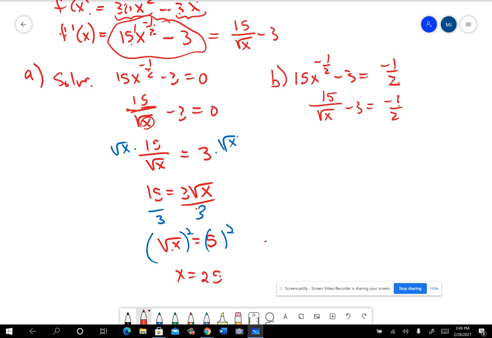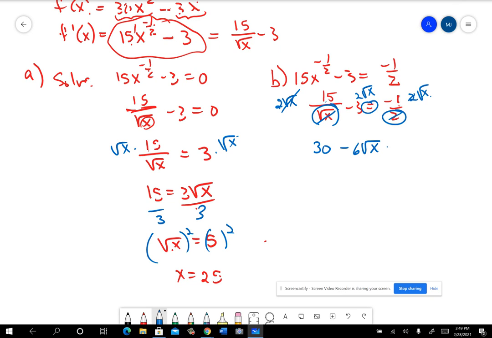One of the things I would use here would be to multiply through by 2 square root of x everywhere, because I am allowed to since it's an equal sign, and that would knock out that denominator. So that would give me a 30 minus 6 square root of x.